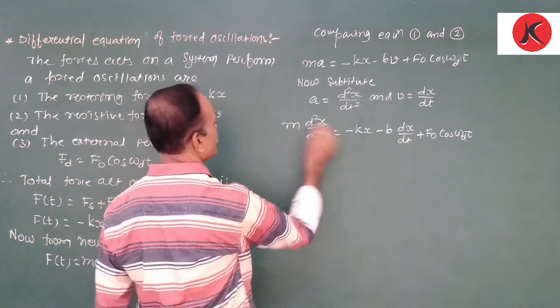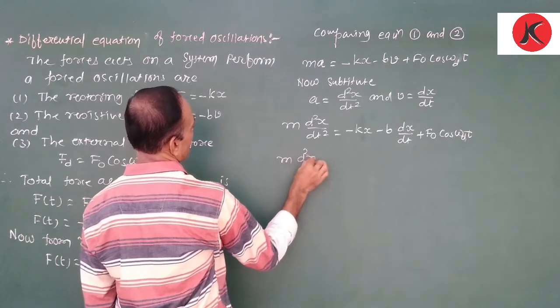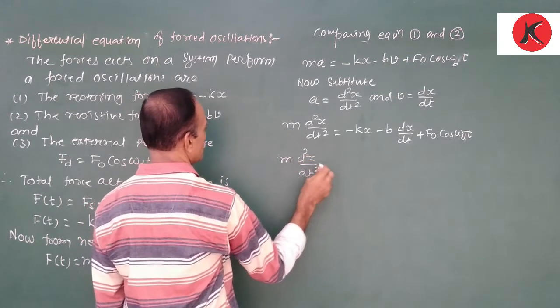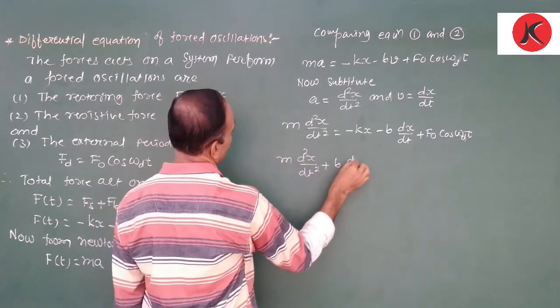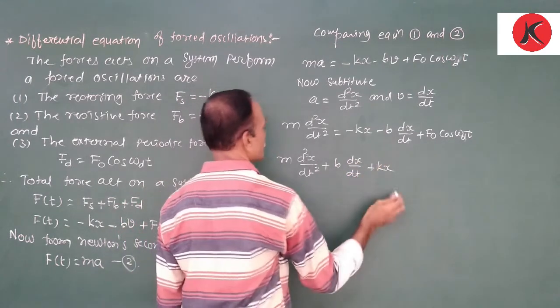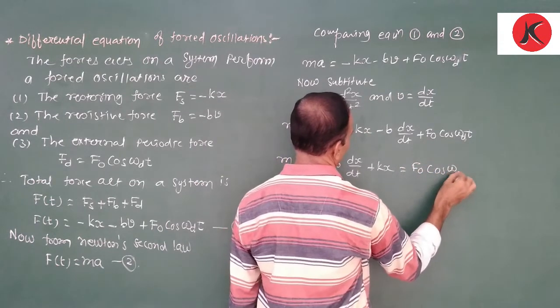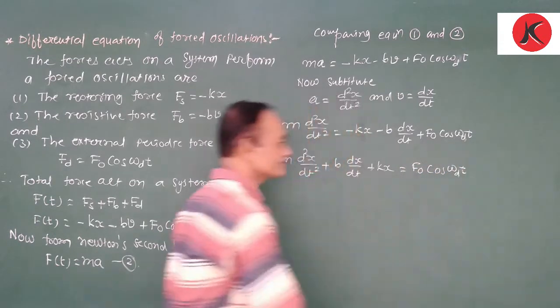Taking the negative terms to the left hand side, m into d square x upon dt square plus b dx by dt plus kx is equal to F0 cos omega d into t.